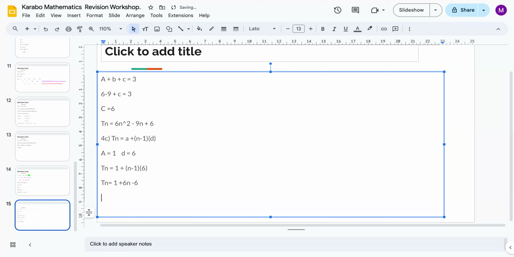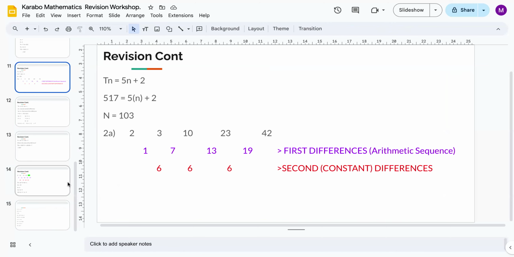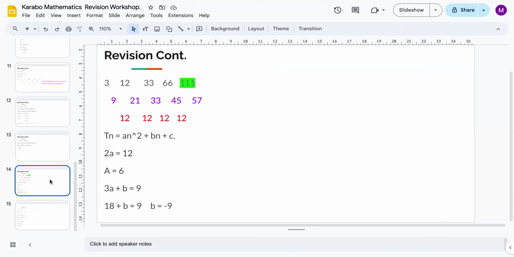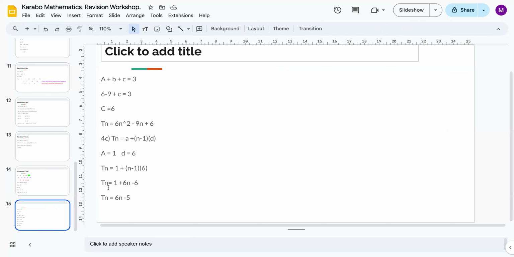And when we simplify that, we get that Tn is equal to 6n minus 5. Okay, so that is our general term for this sequence. 6n minus 5.